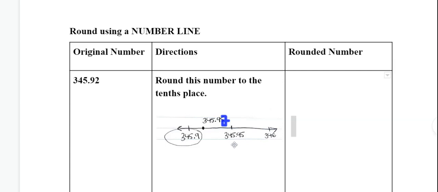So if the digit in the hundredths place is smaller than 5, then we're going to round down. If it is 5 or higher, we're going to round up. So in this case, we're going to round down. And our rounded number is 345 and 9 tenths.